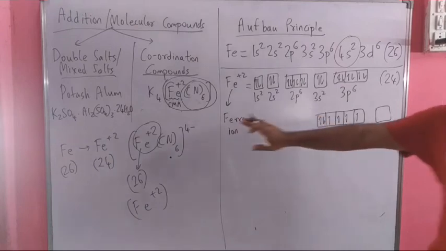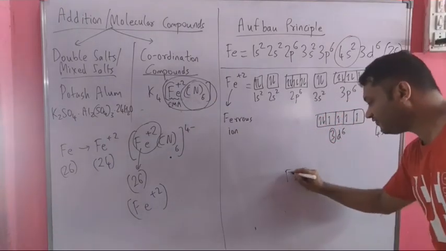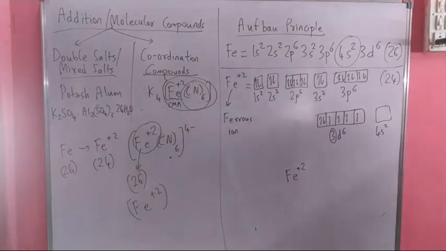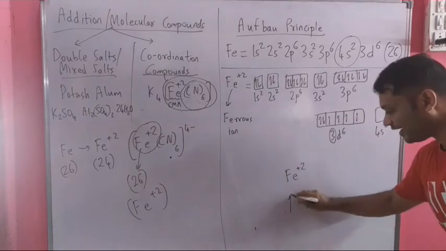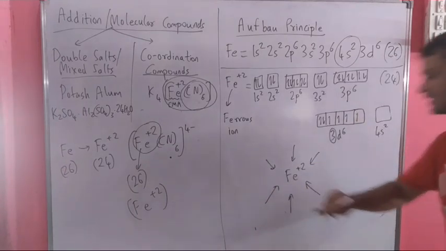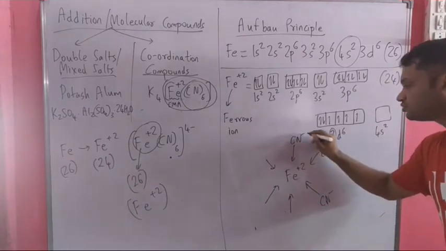Now, let us see this compound in more detail. [Fe(CN)6]. We have Fe, which is the central metal atom, in +2 oxidation state. Now it has to accept electrons from cyanide ions. How many cyanide ions do we have? We have 6 cyanide ions.